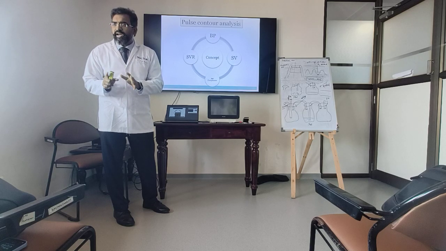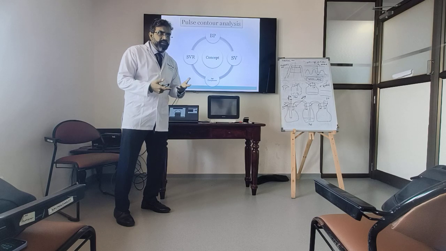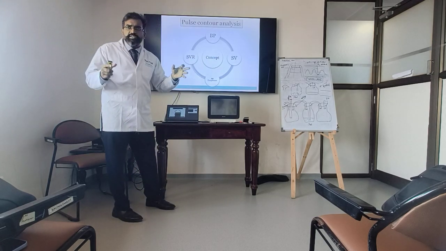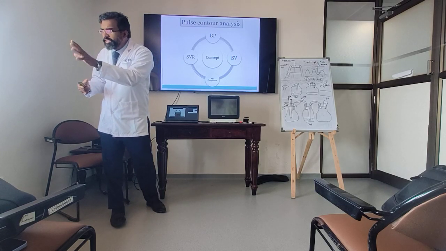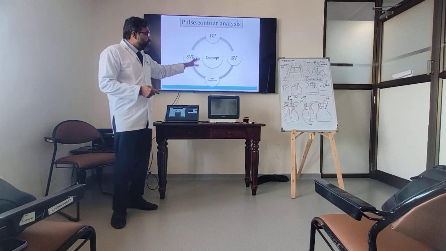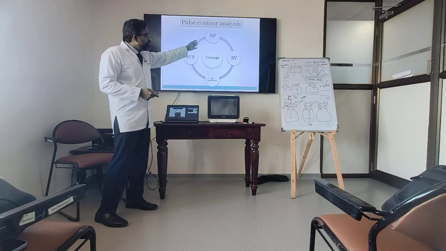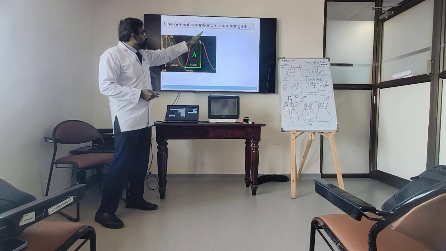If you don't put these values in, you will not get the cardiac output properly. Got the point? By looking at an entire database of patients whose weight and height are known, they find out the compliance of the aorta, and that is fed into the algorithm. Then it looks at SVR, BP, and stroke volume, and gives you the pulse contour.